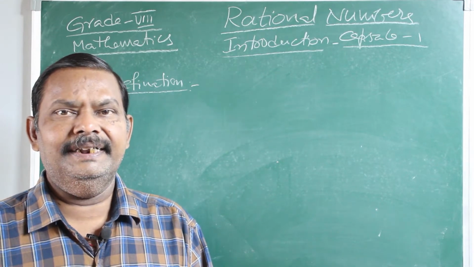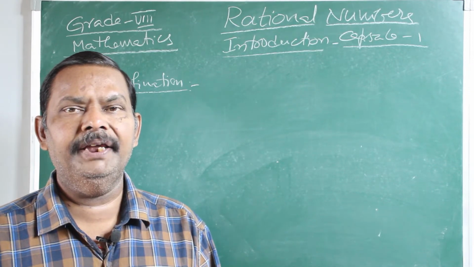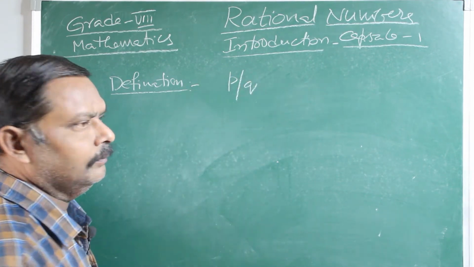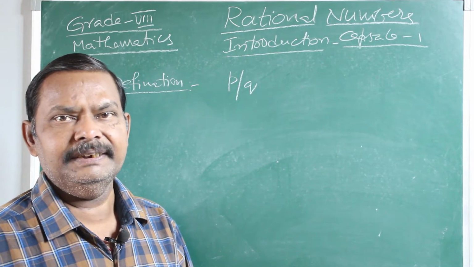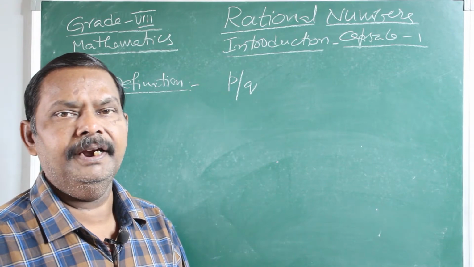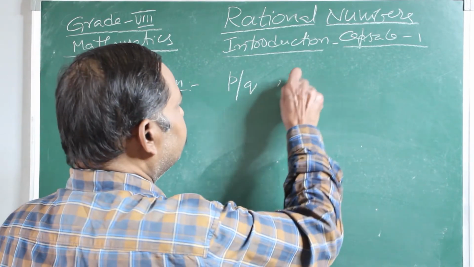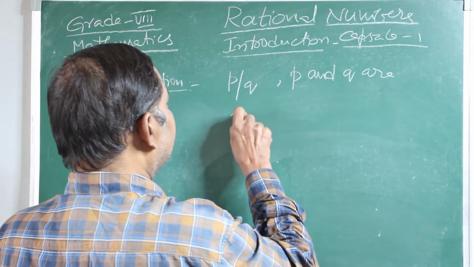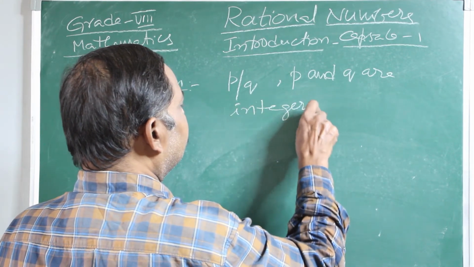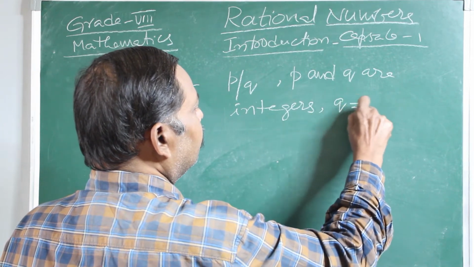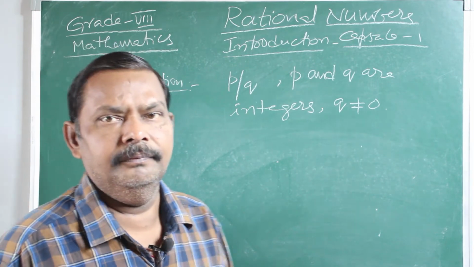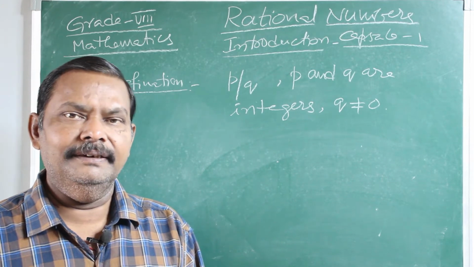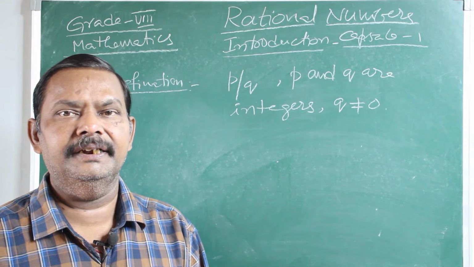A number that can be expressed in the form of P by Q, where P and Q are integers and Q should not be equal to 0, is called a rational number.